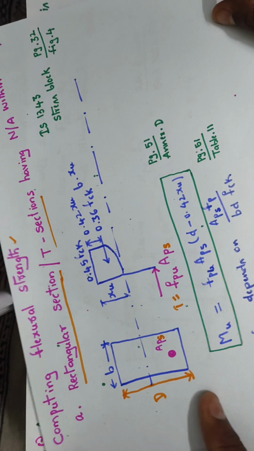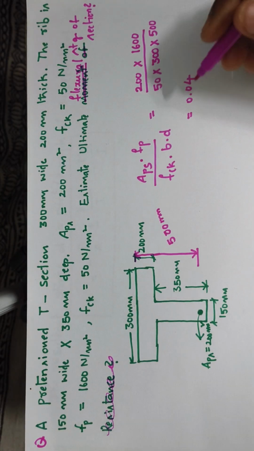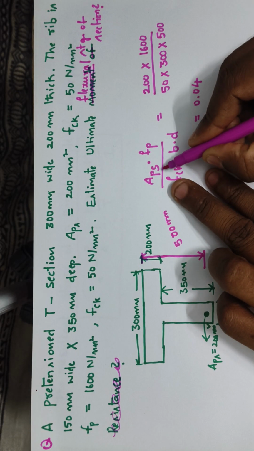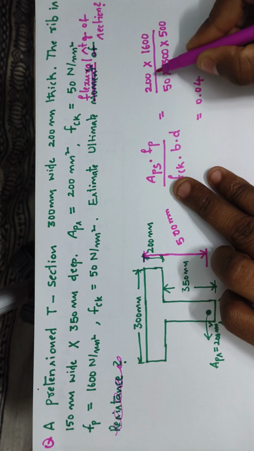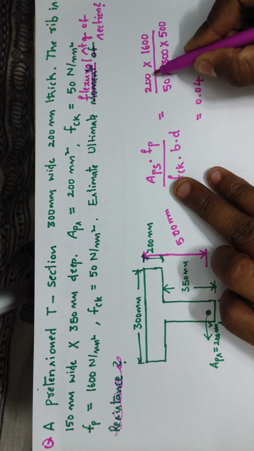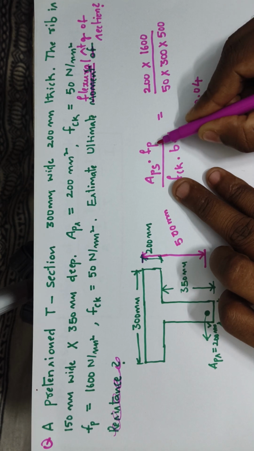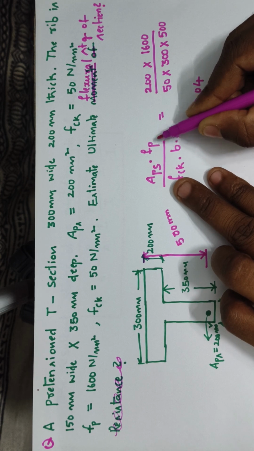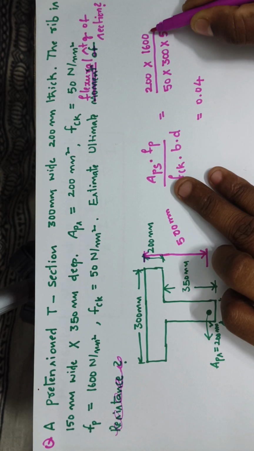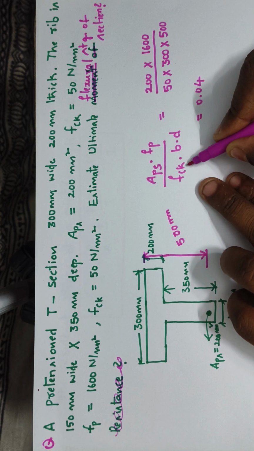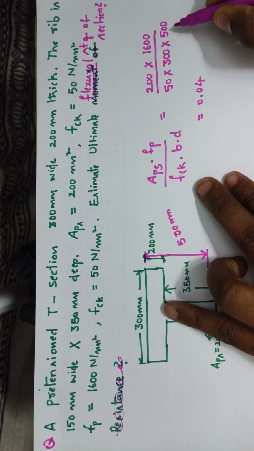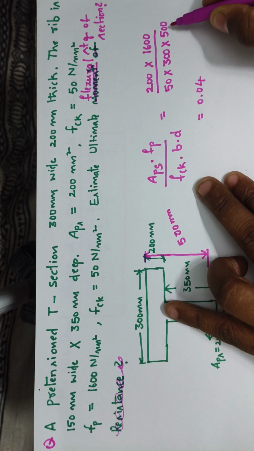It means that first we need to determine the value of this term. See, area of pre-stressing steel is given as 200 mm square, and characteristic tensile strength of the steel is given as 1600 megapascal. Characteristic compressive strength of concrete is given as 50, breadth 300, and effective depth 500.